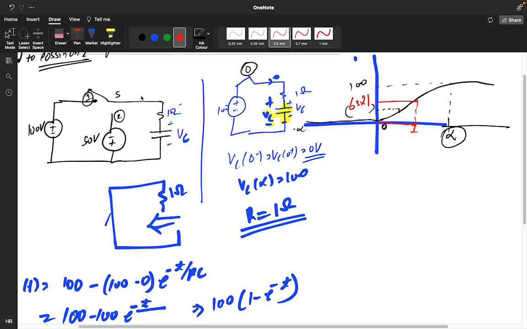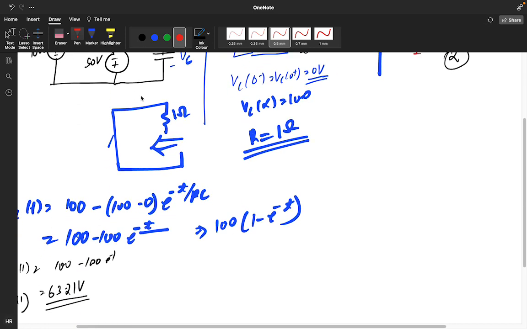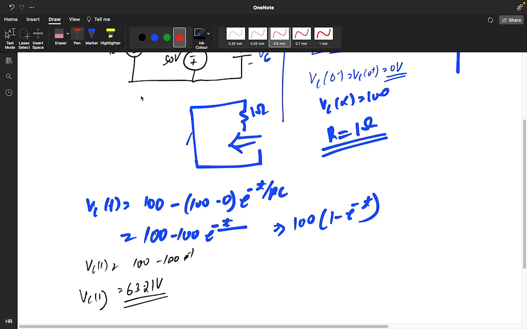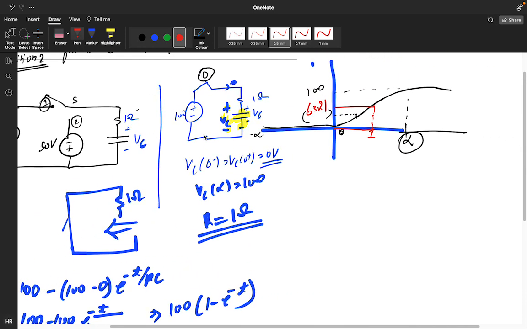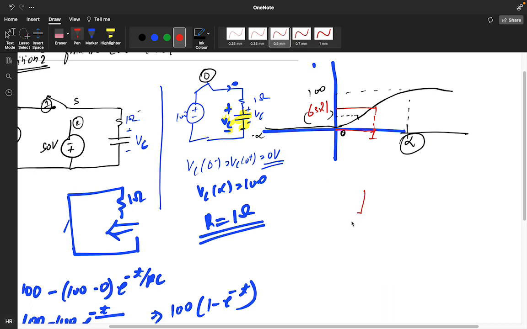In the second circuit, the supply is connected to the second position, with positive and negative, and a 1 ohm resistor, plus minus Vc, and this is 50 volt. So what is the Vc value at infinity? At infinity it becomes an open circuit, so no current will flow, so Vc of infinity you will get 50.